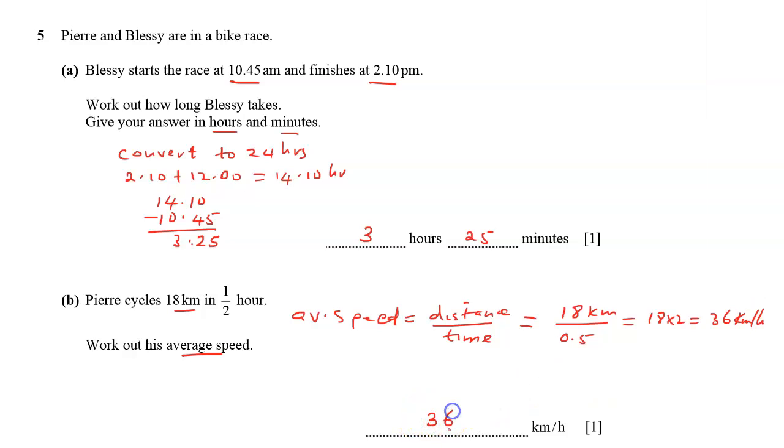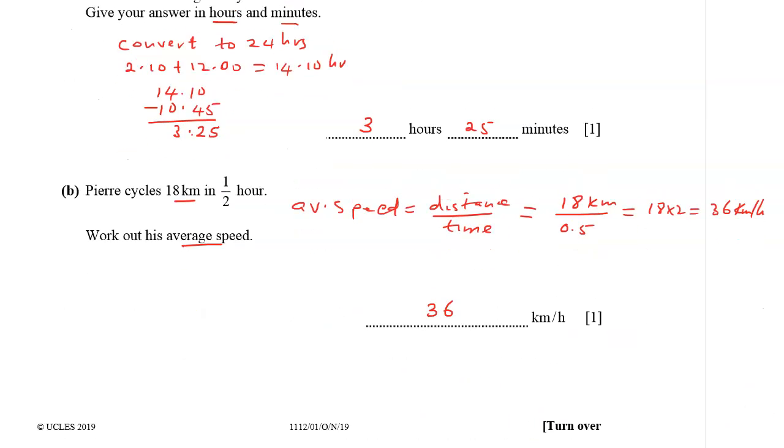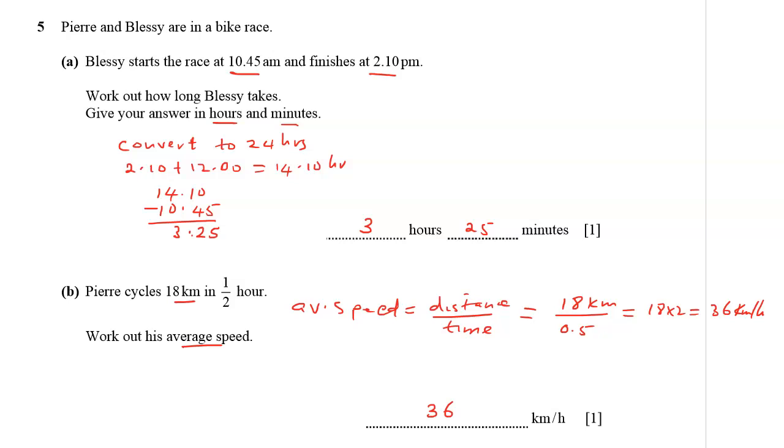So to cover a distance of 18 kilometers in half an hour, the speed was 36 kilometers per hour. Very well.